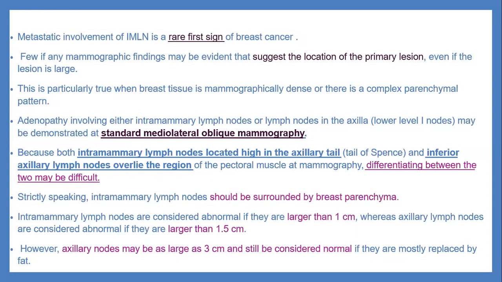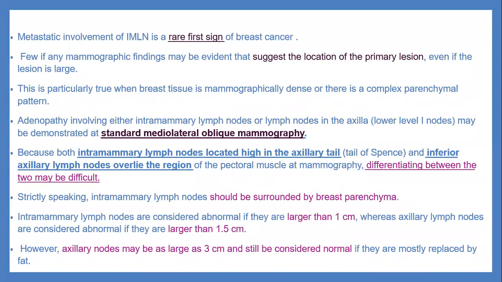Okay, and as you know, on MLO, both the intramammary lymph node as well as the axillary lymph node will be well appreciated, because both are located high in the axillary tail or tail of Spence, and the inferior axillary lymph nodes overlie the same region.